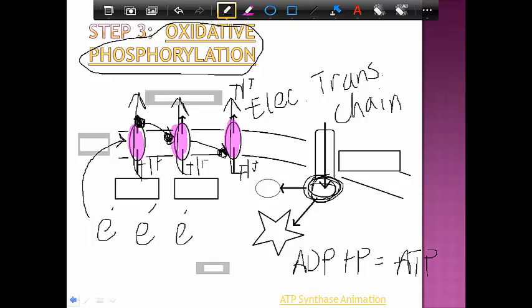And if you remember, one of the elements that we studied back when we talked about electronegativity that's really good at grabbing electrons, remember we said it was our electron bully, was oxygen. So here's why you need oxygen for cellular respiration, for your body really. Okay? What happens is this last electron then gets grabbed by oxygen, and along with the hydrogen that's still in the matrix, makes water.